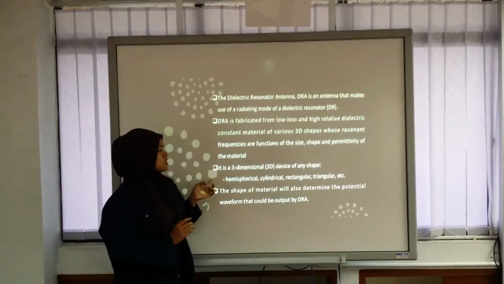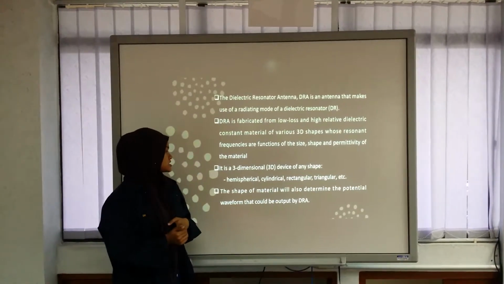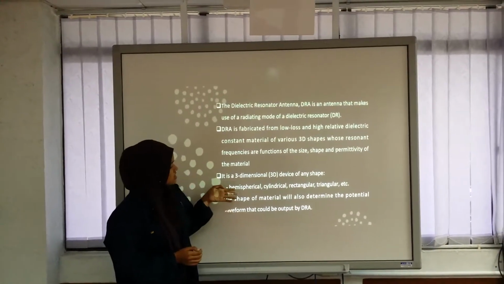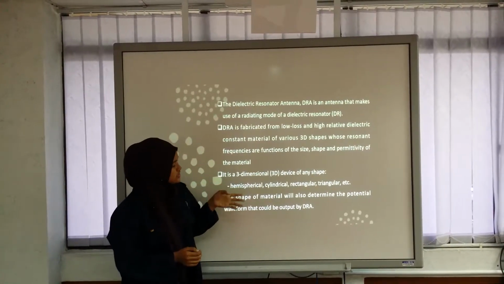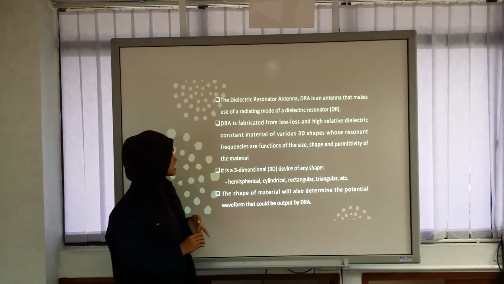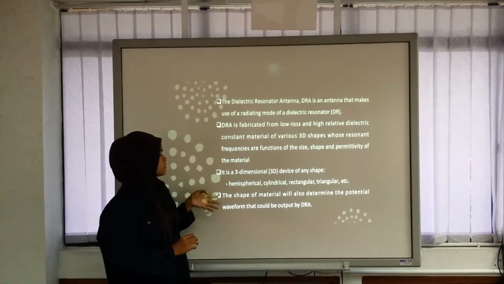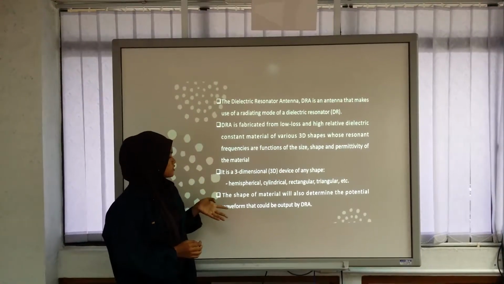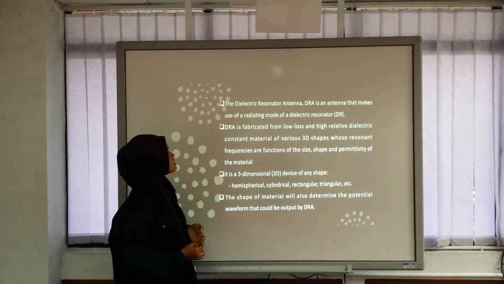The 3D shape of the device can be hemispherical, spherical, cylindrical, rectangular, and triangular. The shape of the material will determine the potential waveform that could be output of a DRA.